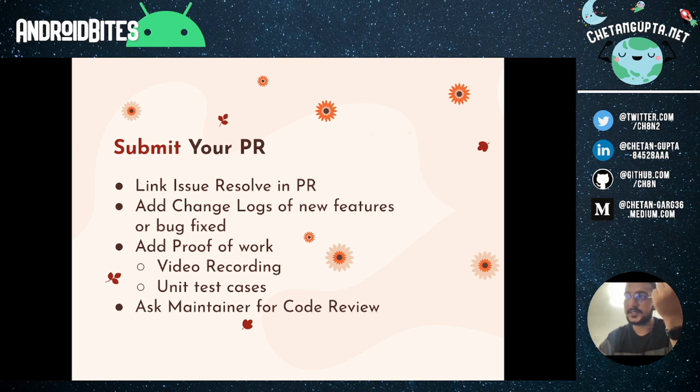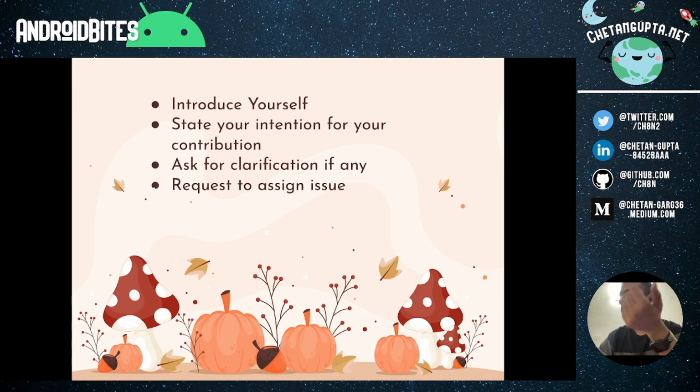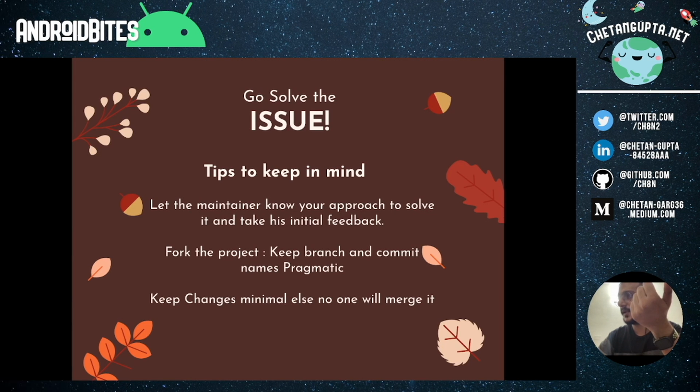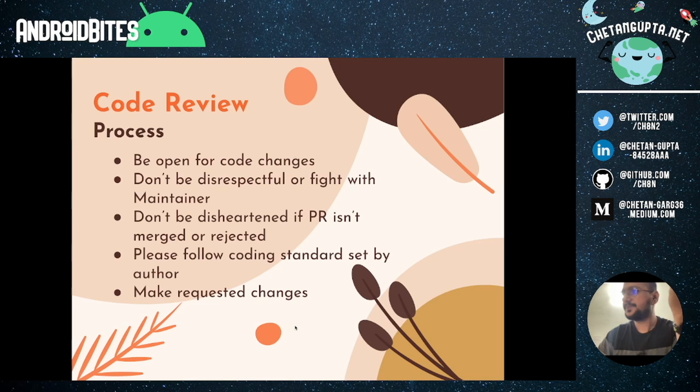That's why it's very essential that you follow this initial discussion step, right? Let the maintainer know your initial approach. If you do that, then even if code review changes come, that won't be the entire change of your solution. It will be mostly architecture-related things or other things that the project needs or the maintainer has a flavor of, right? So always ask for the maintainer's code review.